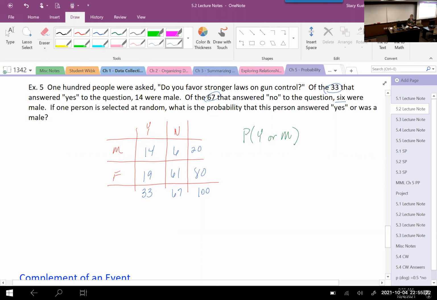So remember, when we're doing this, we're looking at the probability of someone answering yes, plus the probability of someone who is a male, minus the probability of yes and a male. So what's the probability of finding someone who answered yes? Give me the fractional value.